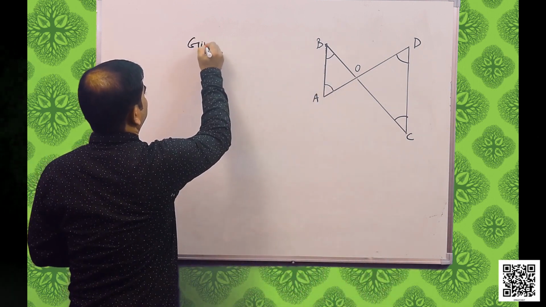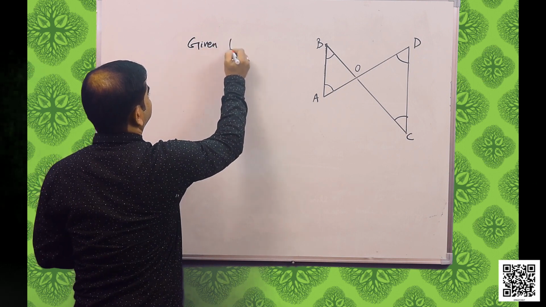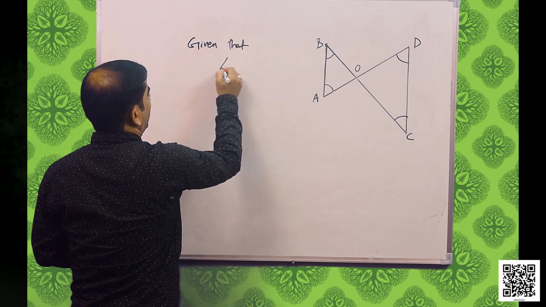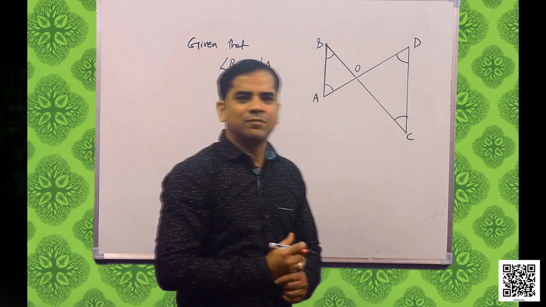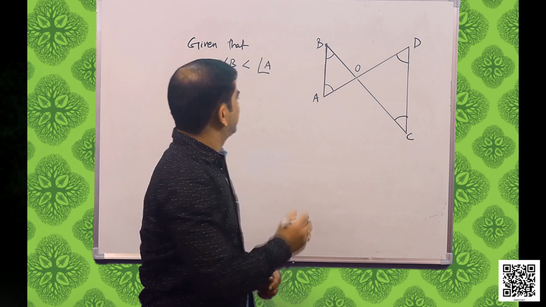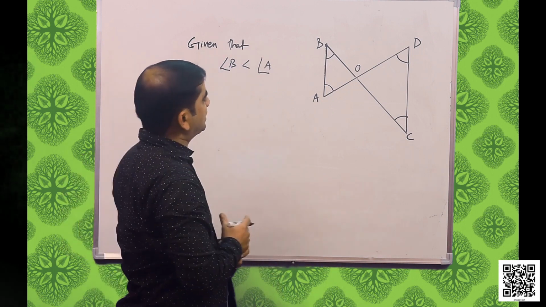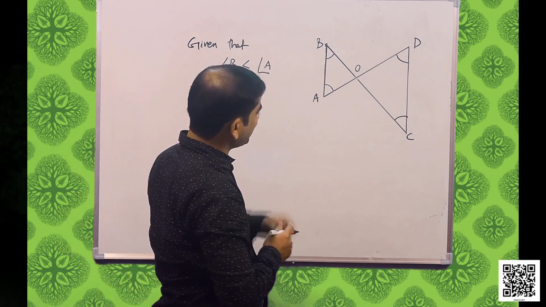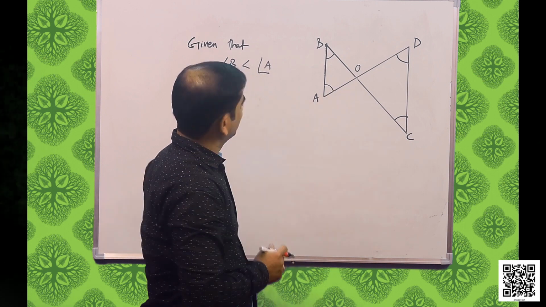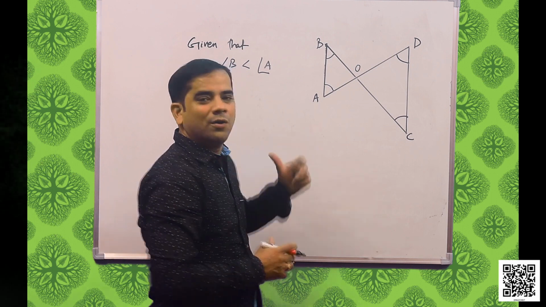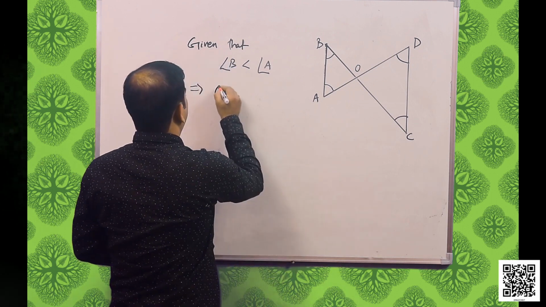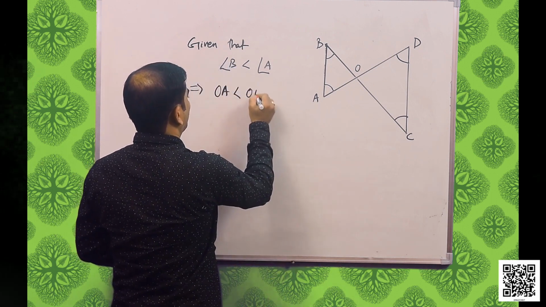The data given is angle B is smaller than angle A. That implies, which is the opposite side to angle B? It is OA. Which is the opposite side to angle A? That is OB. So OA is smaller than OB.